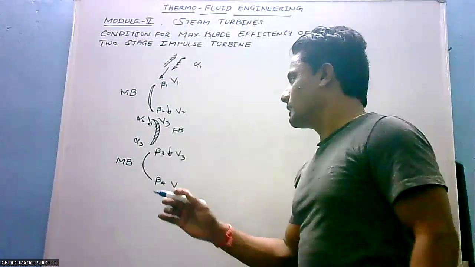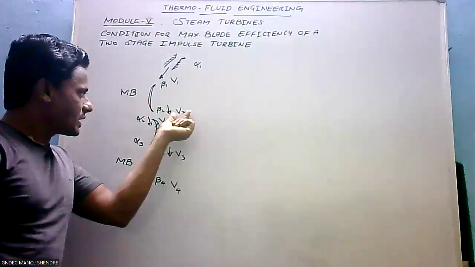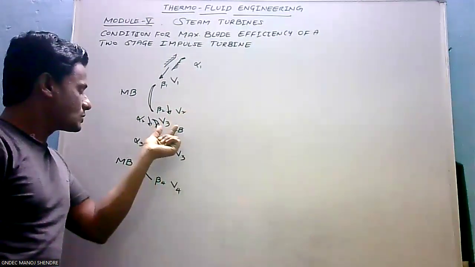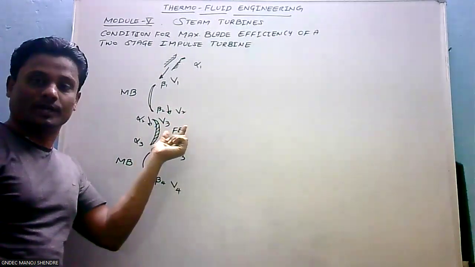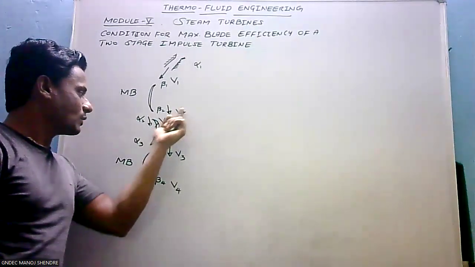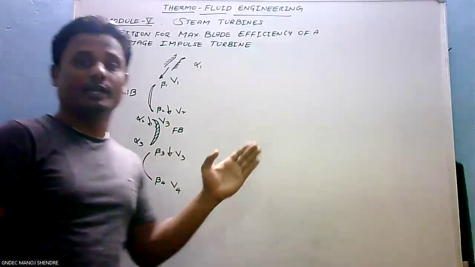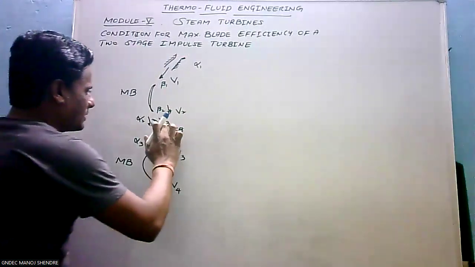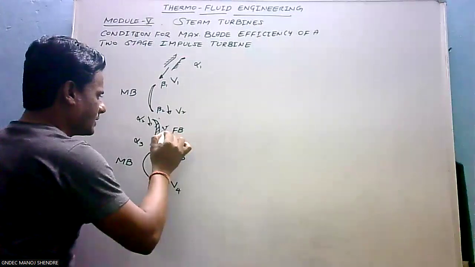Make sure that the velocity of steam which is coming out from the first set of moving blades will be equal to the velocity of steam which is coming into the fixed blades. That means V2 will be equal to V3. Velocity remains constant while it is moving over the fixed blades. Or else you can take the same V3 here.